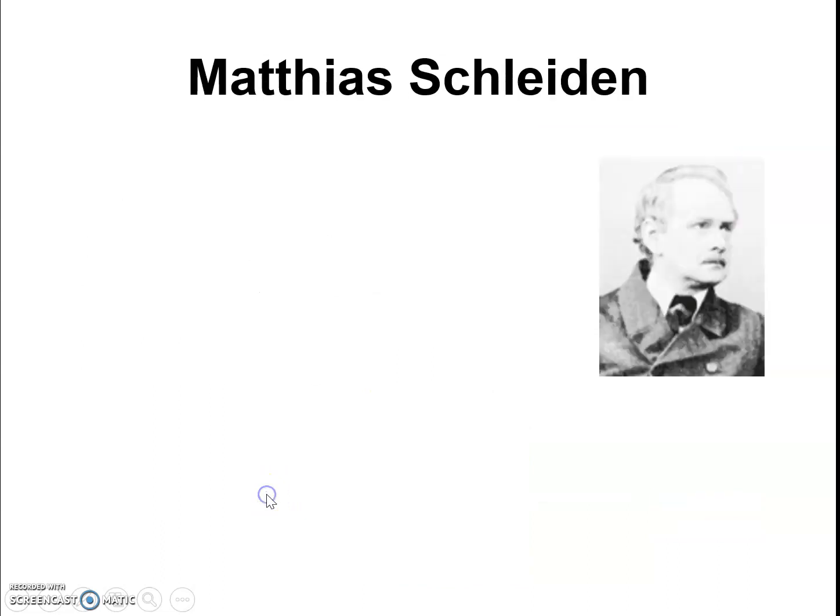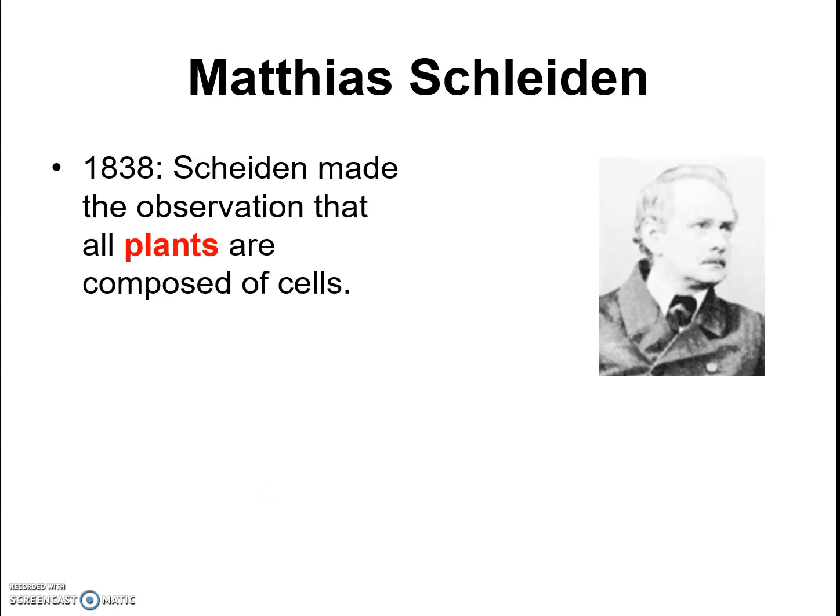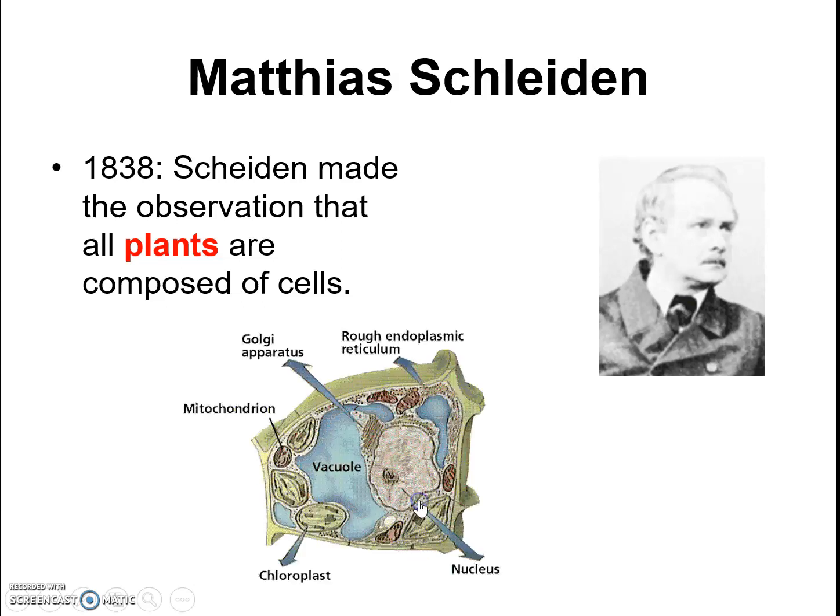The next contribution was by a gentleman called Matthias Schleiden. Schleiden, in 1838, was observing plant cells. He was a botanist, and he observed different tissues from the leaf, the root, the stem, the flower petal, and so on. By observing them under a microscope, he saw that they were all composed of units called cells.